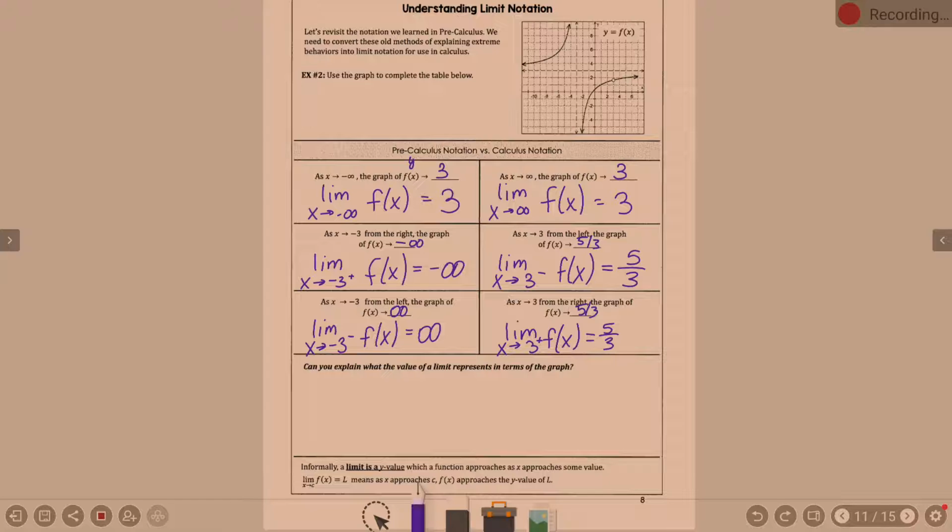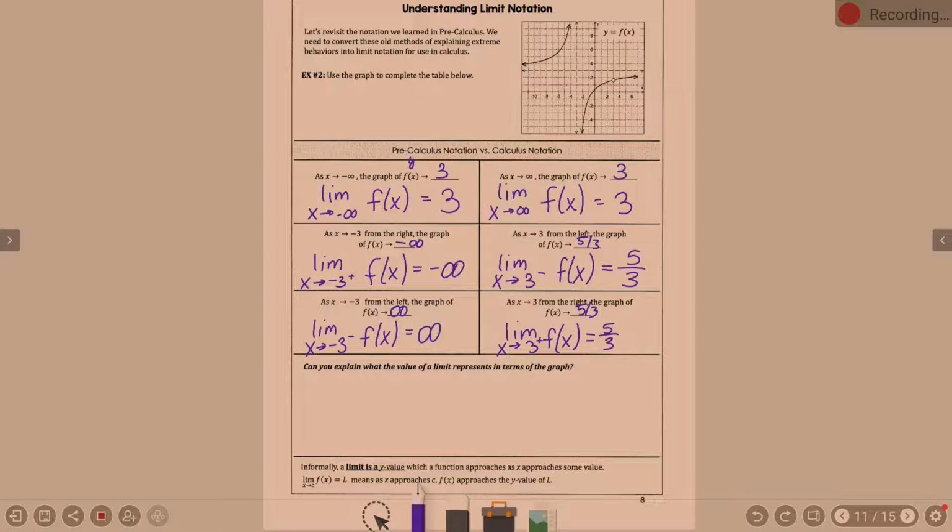Okay, so we're going to put some of this into words. Can you explain what the value of a limit represents in terms of the graph? So we're going to talk later in this lesson about using tables. Right now we're just going through graphs and how we read a graph. And looking at this, what type of answers are our limit answers?